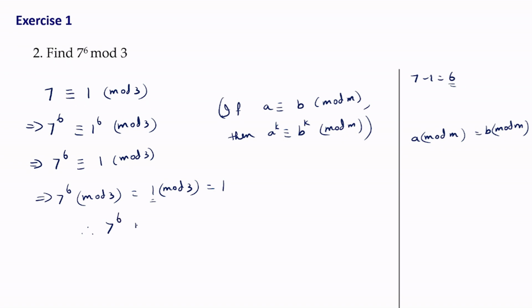Therefore, 7 raised to 6 mod 3 equals 1. That is, when we divide 7 raised to 6 by 3, we will get the remainder as 1.